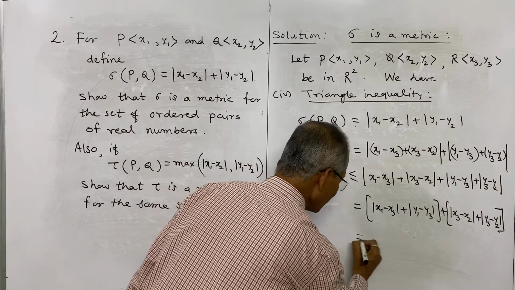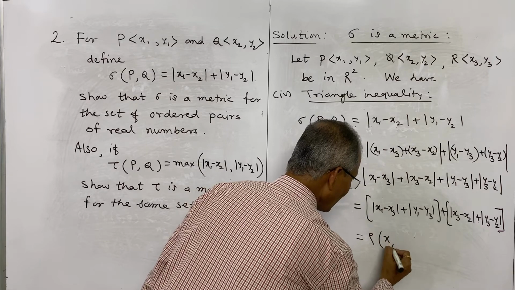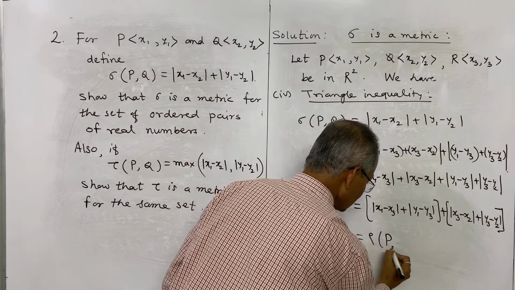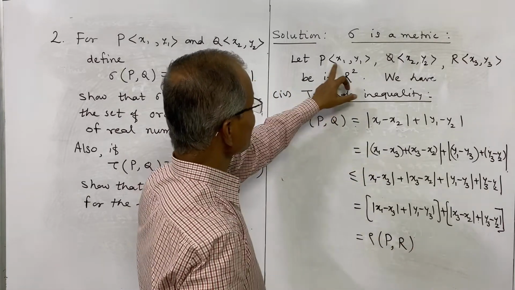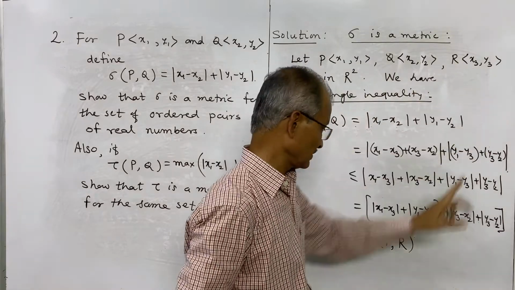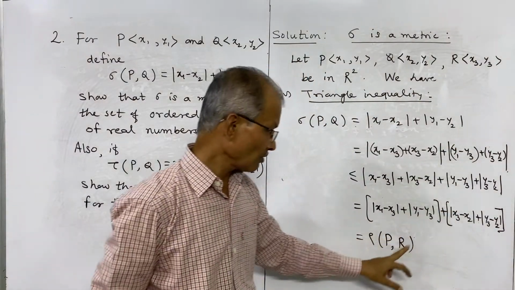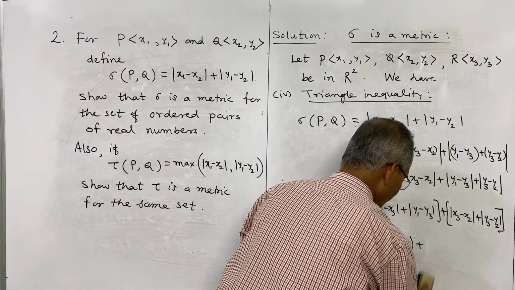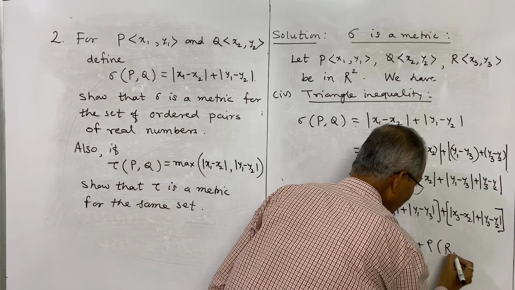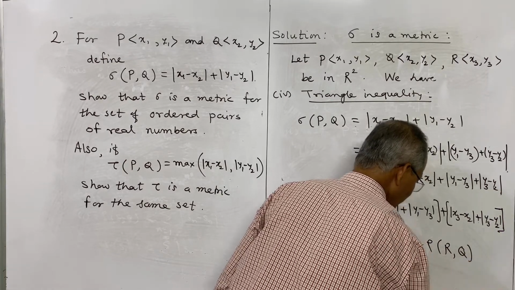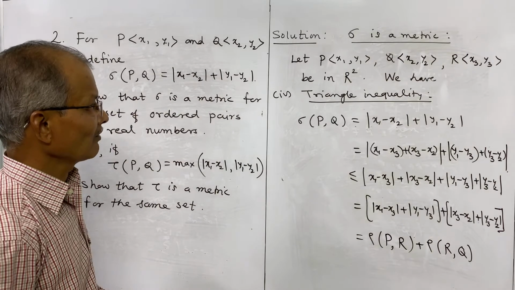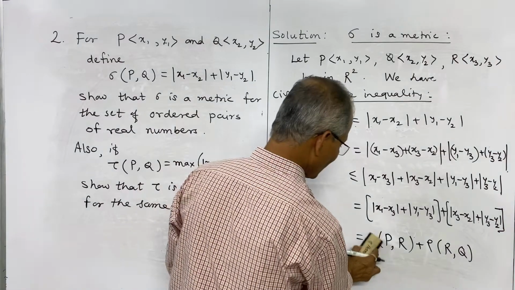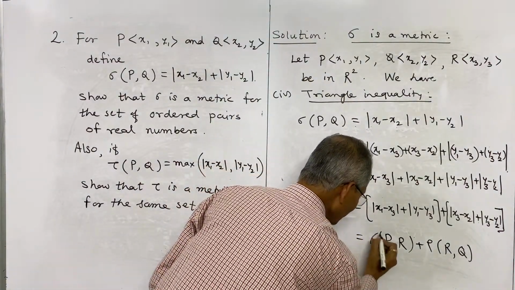And the first bracket is sigma of P and R, because P is x1 y1 and R is x3 y3. So this is sigma of P and R, and plus this is sigma of R and Q. Instead of rho the metric here is sigma, so it is to be corrected.